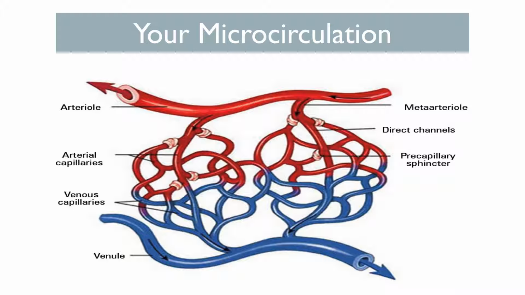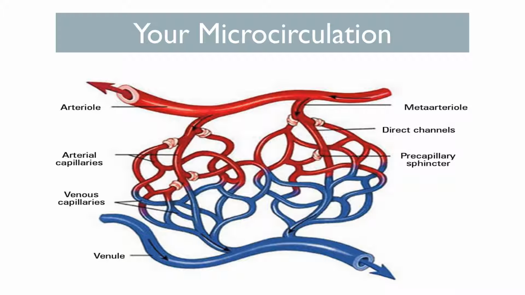The capillary network that is within every gland, organ, and tissue in your body is literally a one cell thick layer or membrane that allows the transfer of oxygen and nutrients into the cells and glands and organs and tissues, and the toxins and the debris to come out of those glands, organs, and tissues.